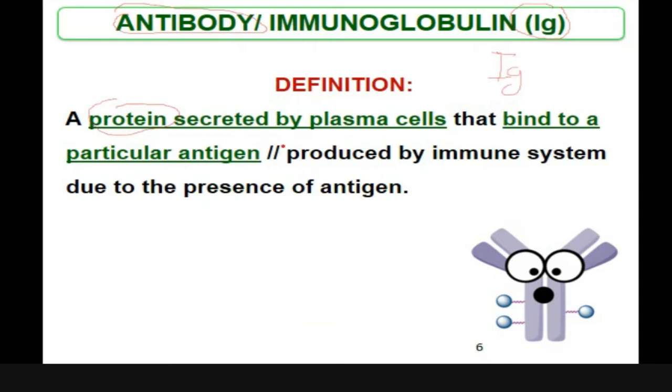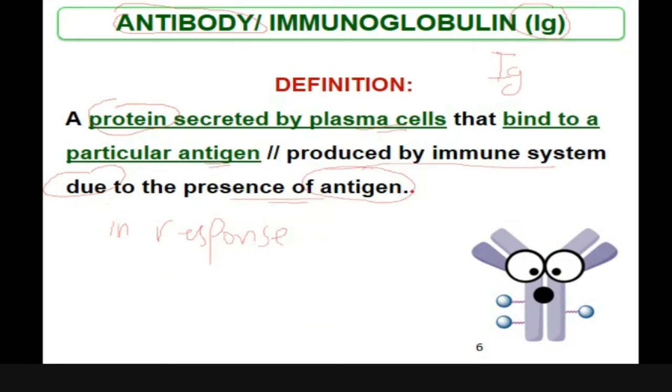Antibody is a type of protein that is secreted by plasma cells that will bind to a particular antigen. Or it is a protein produced by immune system due to the presence of antigen. Ni due tu ataupun ada perkataan lain in response. Maksudnya antibody ni memang akan dihasilkan oleh badan apabila bertindak balas terhadap sesuatu antigen.